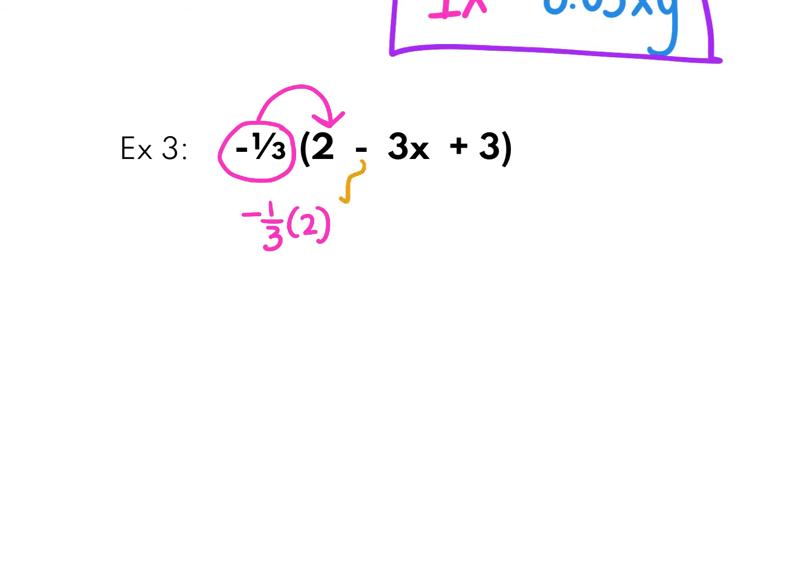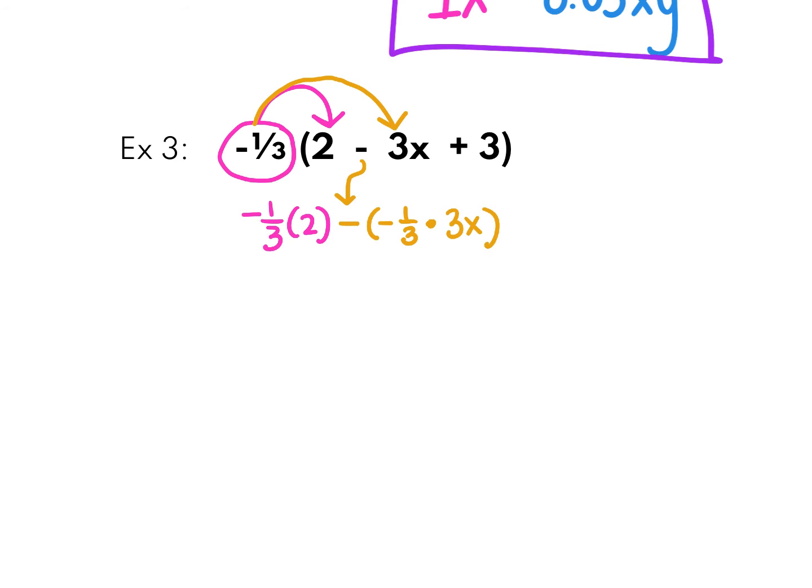Okay, bring down this subtraction sign. This is where we have to pay very close attention to what we're doing. I am going to take that negative 1/3 and multiply it: negative 1/3 times 3x. I'm going to do times like this, just so there's less parentheses here.